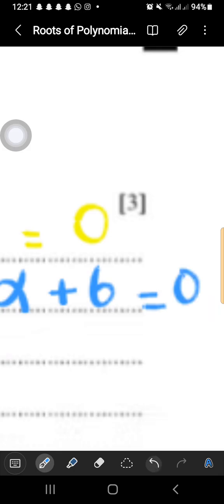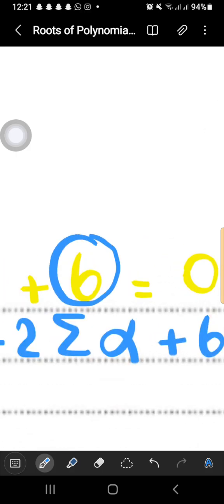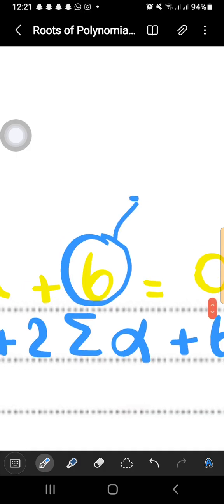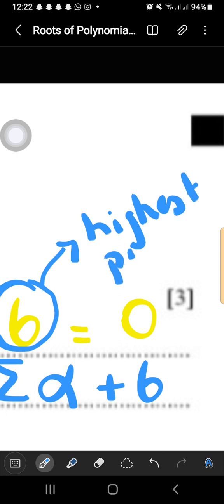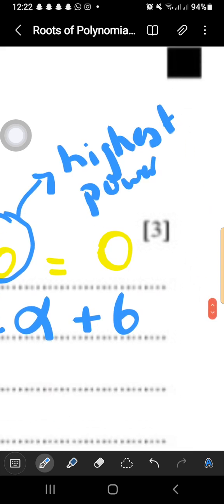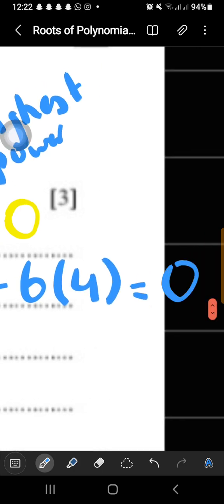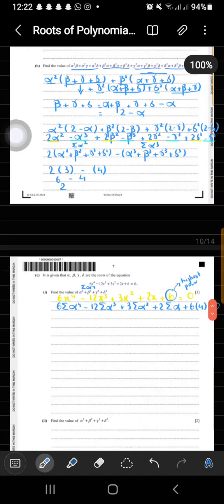Sorry, there's a bit of a blunder here. Here we have one new thing with this 6. Not a new thing, if we follow this method we will always do this: the constant which has no power will always get multiplied by the highest power of the equation. So here the highest power is 4. That's our expression which we have to solve.